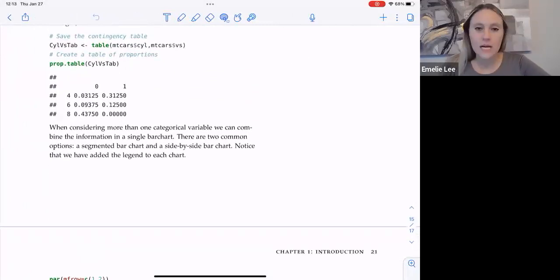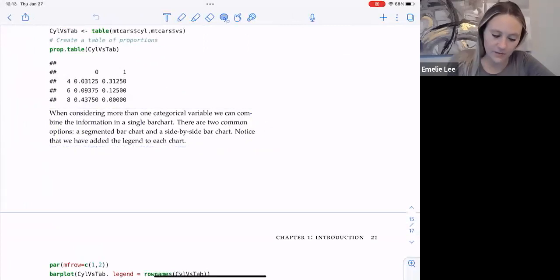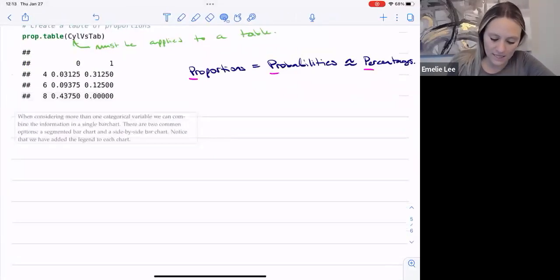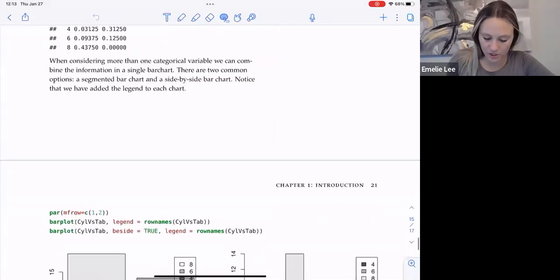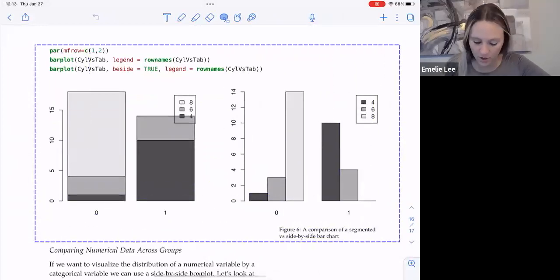To visualize categorical data where we have more than one categorical variable, we can do a couple of things. We can incorporate both into one graph, and we actually have two options for it, two of the most common options.